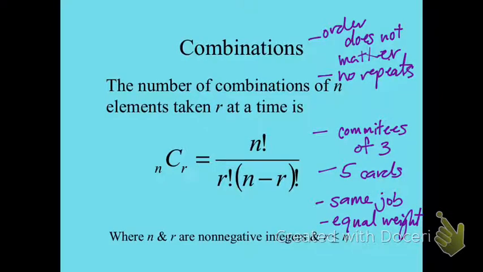If you're doing the same job, like 2 of you are cleaning the whiteboard, or 3 of you are going to be in a group and you're doing the same thing, then that would be a combination. And like I said for the last one, the formula does not matter, but n is your total number, however many you're choosing from, and r represents how many you are choosing.